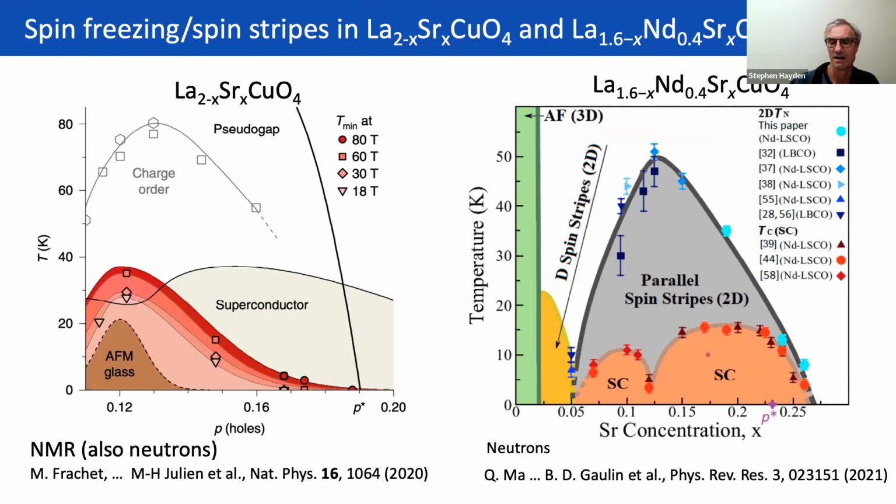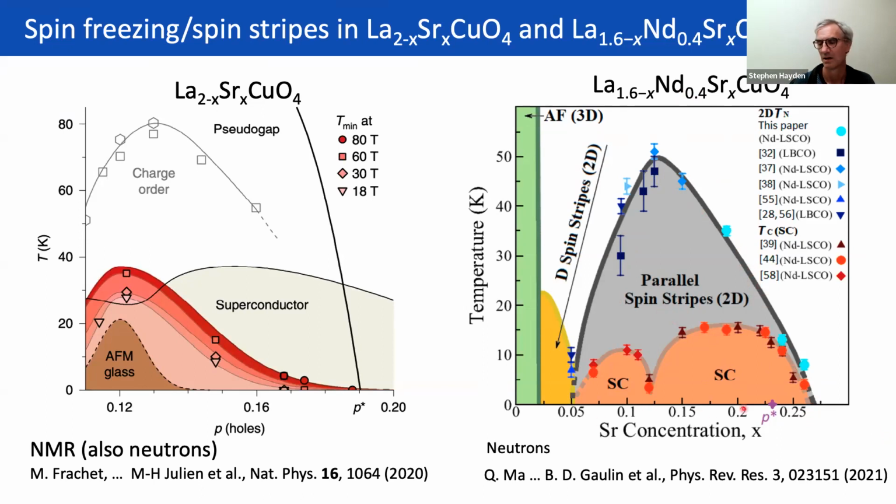Okay, so this is some of actually Bruce's work here, where he's looked at neodymium doped, and I just want to emphasize neodymium is different to LSCO in that it has this region of order that persists over a much bigger range, up to 0.26 or somewhere up there, and you can see this is measured here.